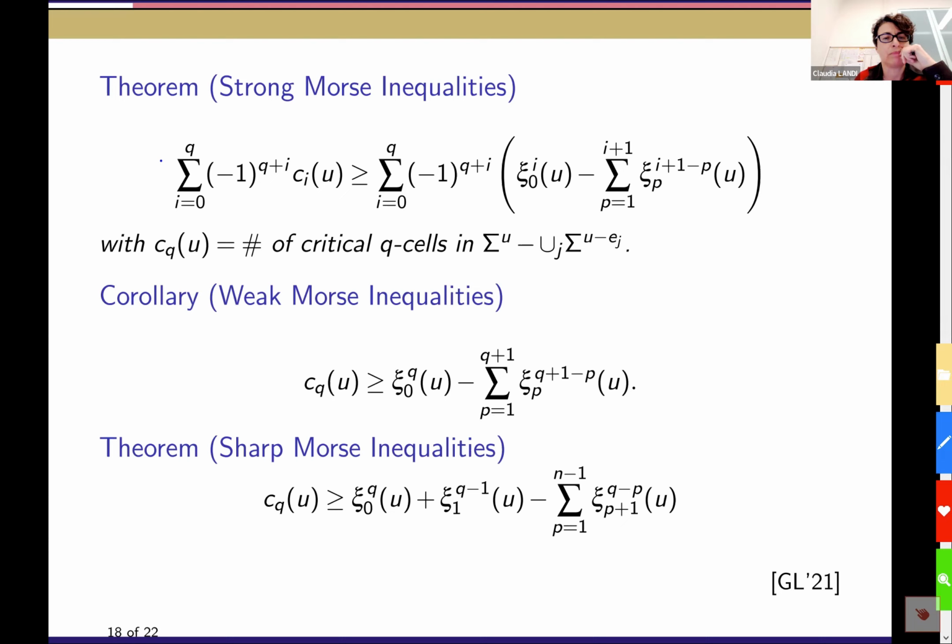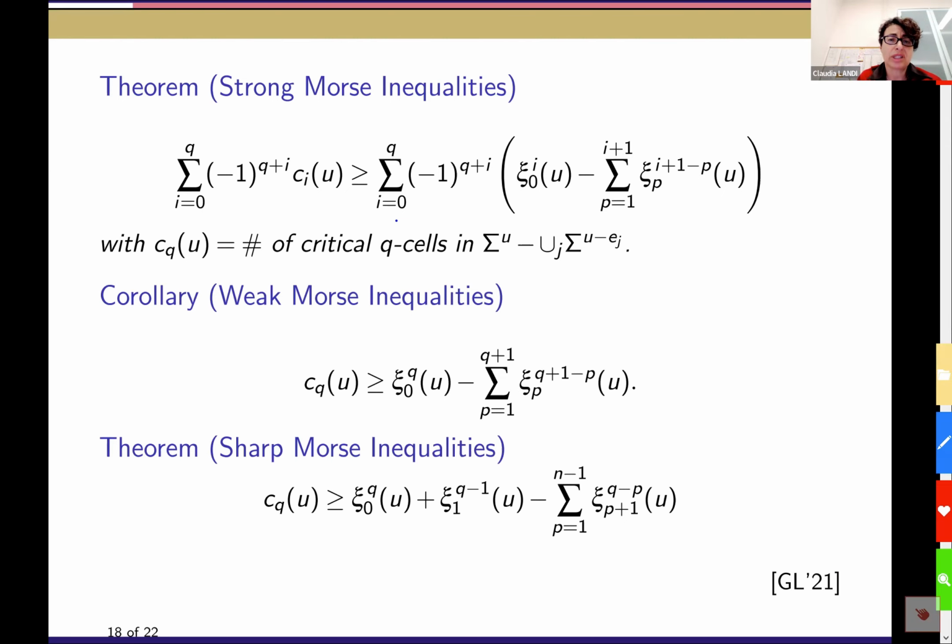And these Morse inequalities involve, on the one hand, the dimension of the homology of the chain complex. That's the right-hand side of this inequality. And on the other hand, they involve the number of critical cells that enter the filtration at a certain instant, at a certain location.